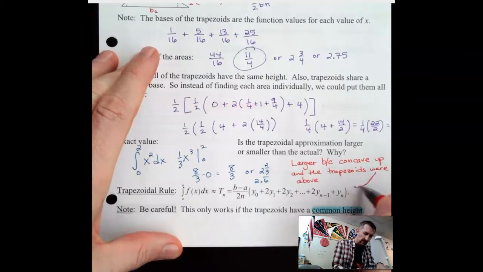So you kind of draw, if it's concave up, you're going to get something like that, and this is going to be extra.